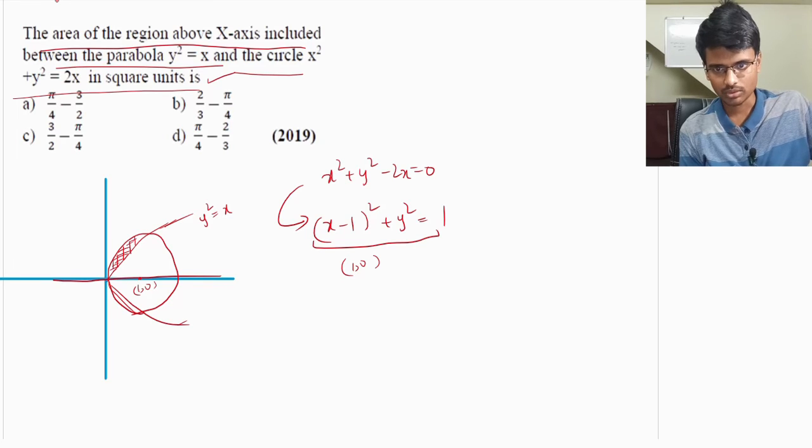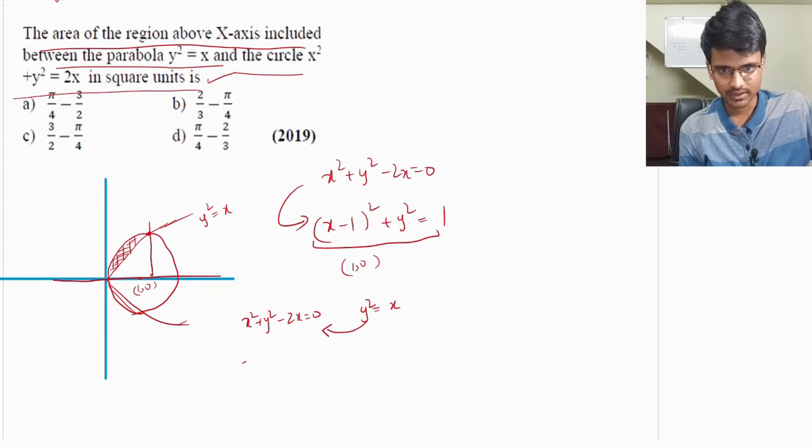Okay, so I have to first find out the point of intersection, where this point intersects. So let me just find that out. We have got two equations, x square plus y square minus 2x equal to 0 and y square equal to x. I'll just substitute this here.